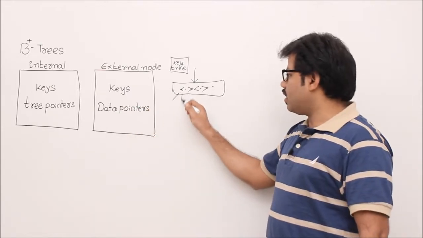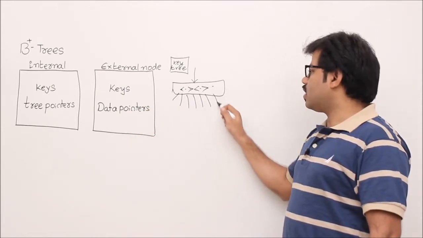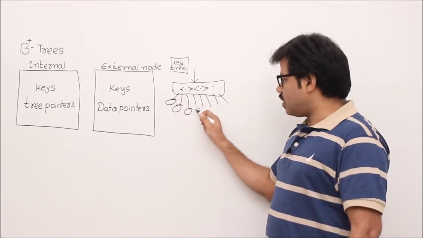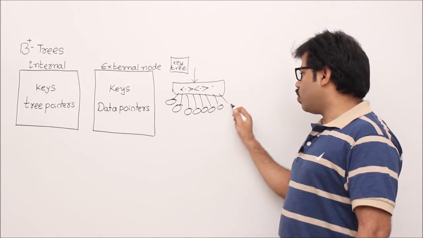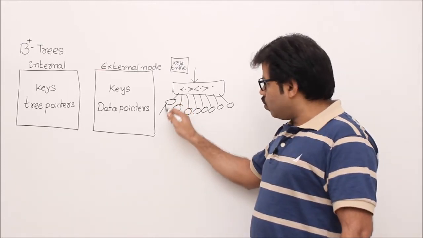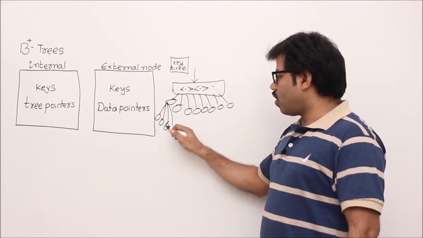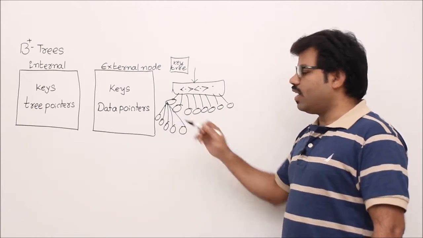When the number of entries increases, the number of pointers increases. When you have more pointers, such a tree can point to more nodes in the next level. If you have more pointers at each level, then quickly you can index the file.